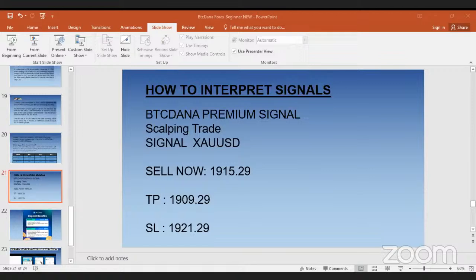So imagine you are a newbie right now, you are not familiar with the chart, you don't know how to analyze. You can decide to click on buy or click on sell, but trust me, you are going to lose your money. Why? Because there's what we call an analysis, and if you don't know how to make those analyses, you are just going to be guessing.